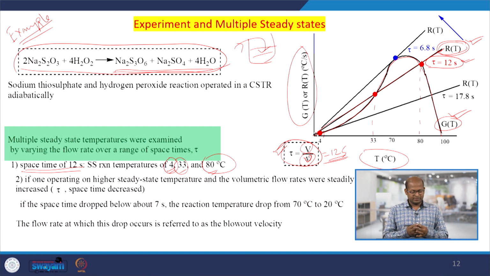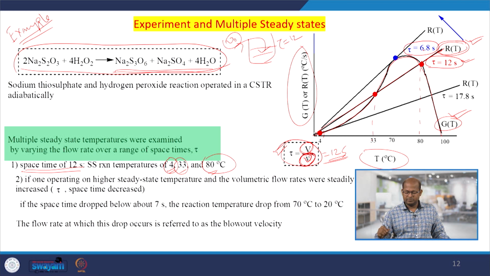Once we operate at a particular volumetric flow rate, the space time was 12 seconds. If we increase the volumetric flow rate, that is, increase the denominator, then space time will decrease, since volume is fixed.